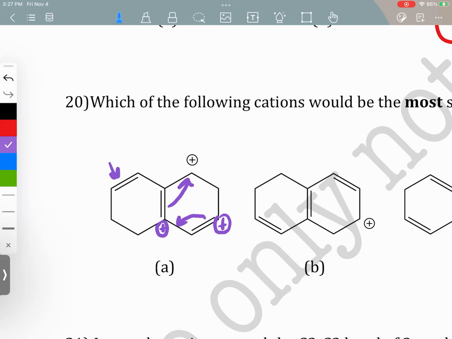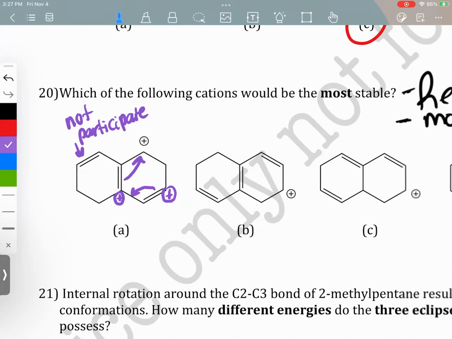This double bond would not participate in the resonance. We're looking for the one that resonates the most. The more you can resonate the carbocation, the more stable it'll be because you're lowering the energy a tremendous amount. Why does that not participate?